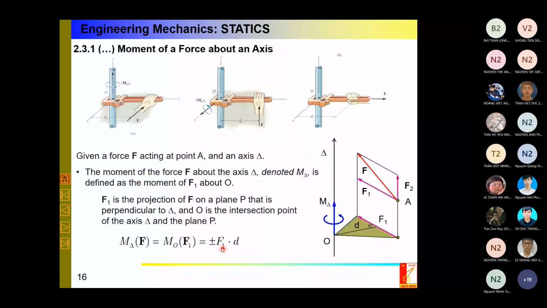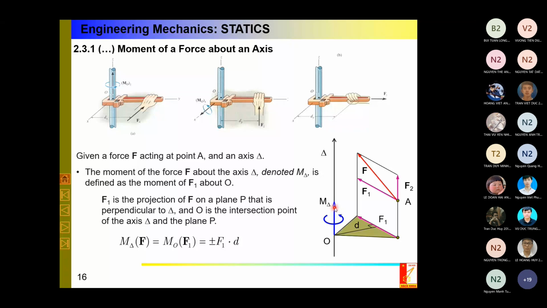So I can draw it like a vector. You see here, like in the first picture, I had already drawn it like a vector, but I didn't explain it some minutes before because maybe it would confuse you. But you will remember well that M delta, the moment of a force about an axis, can be defined as a scalar, and normally it is in the Vietnamese textbook.